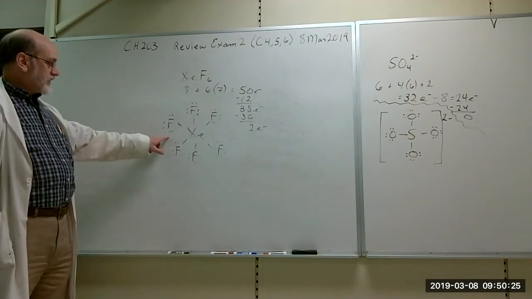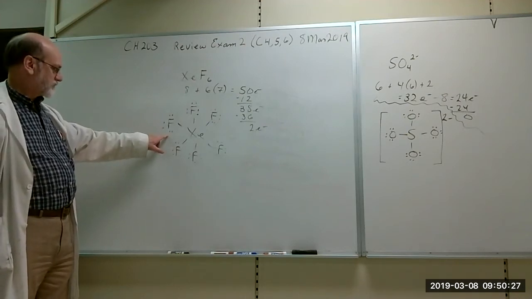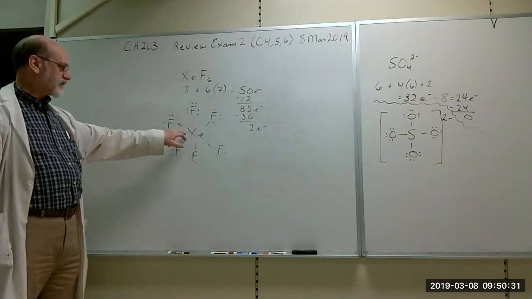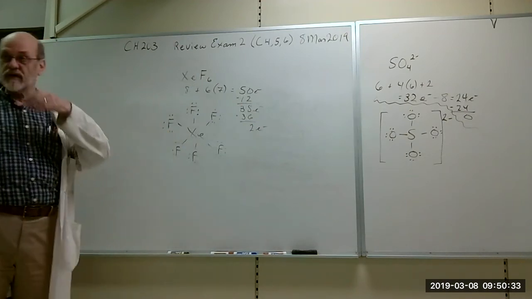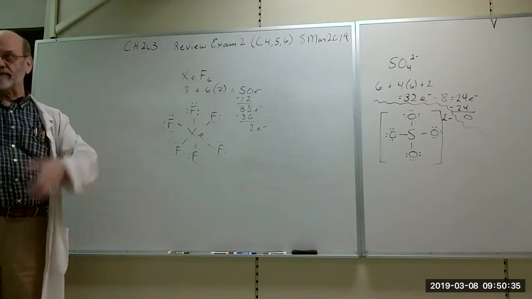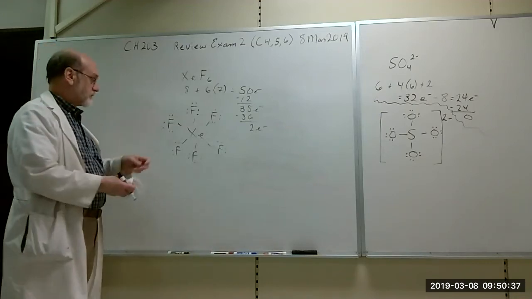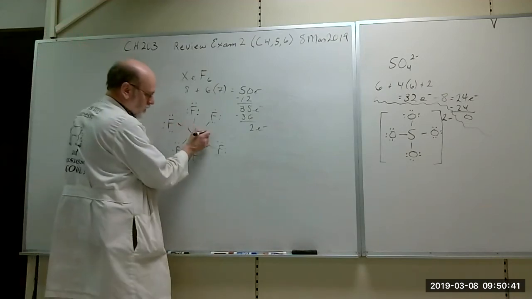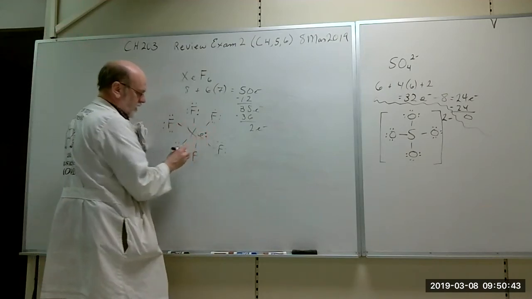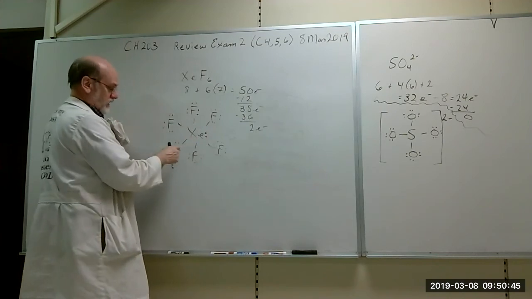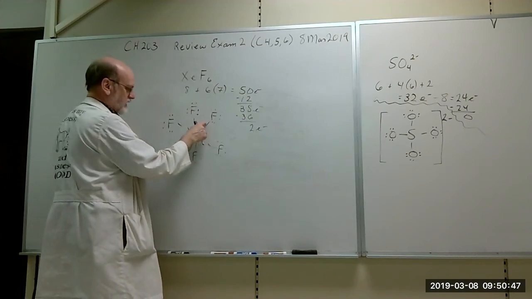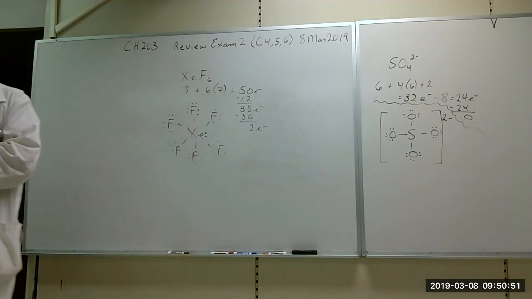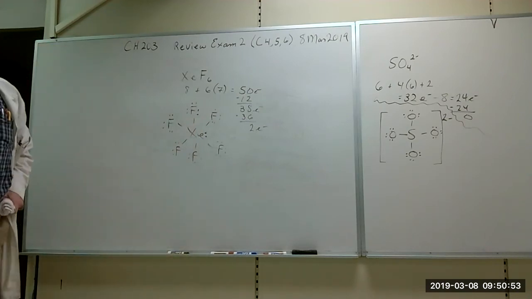But we're not going to exceed the octet on a fluorine. But we can exceed the octet on a xenon because it's a much, much larger atom. Okay, let me go ahead and put them in here. So the xenon is going to exceed that by a lot, actually. 2, 4, 6, 8, 10, 12, 14. So xenon has 14 electrons in that outer shell.